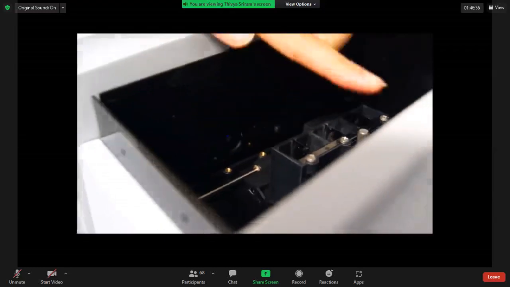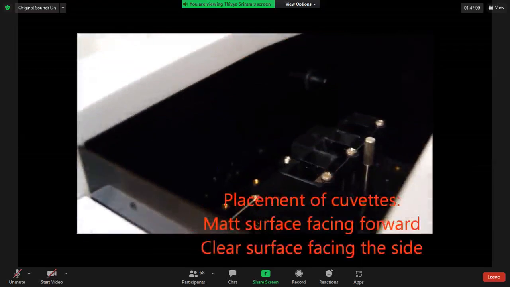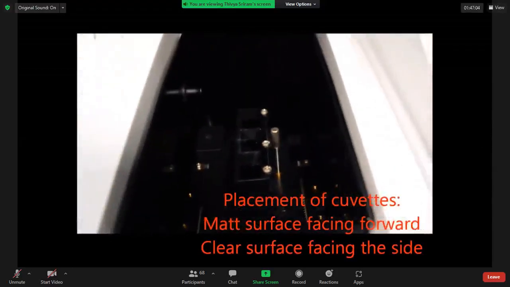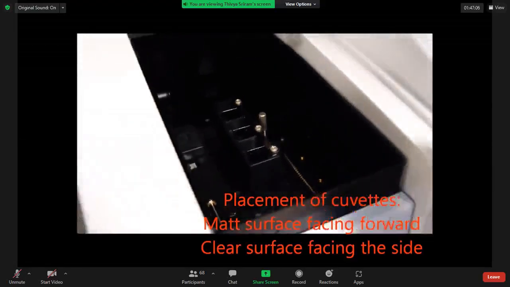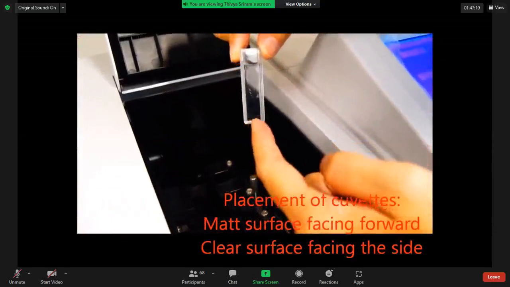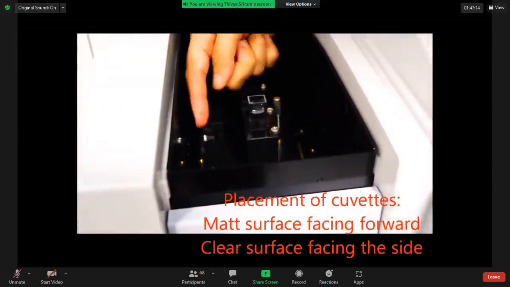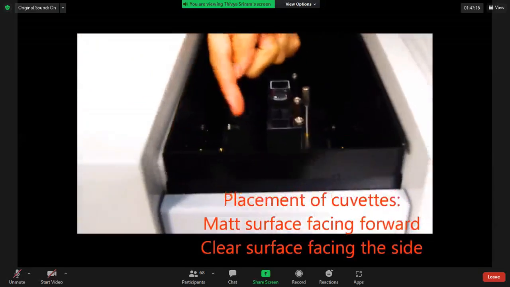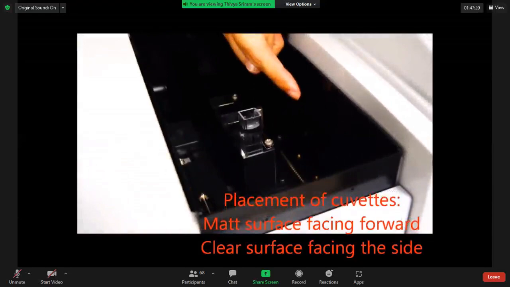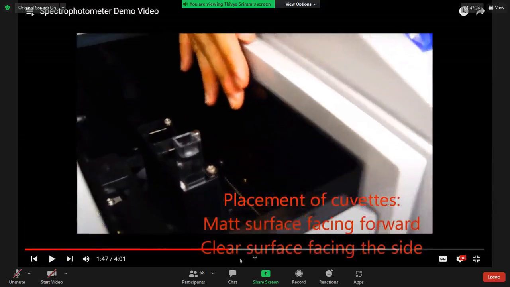The light would come out and then pass through the cuvette, and that's why when we put in the cuvettes, we have to do them with the matte surface facing forward and the clear surface facing sideways, so that later on when the light comes out, it can pass through the clear surface with no problem and get captured on the other side of the spectrum.